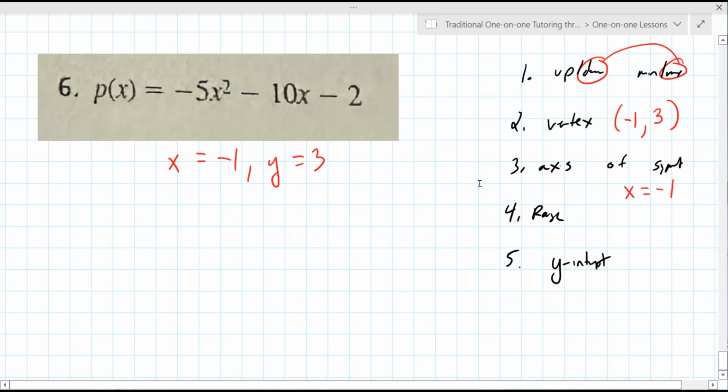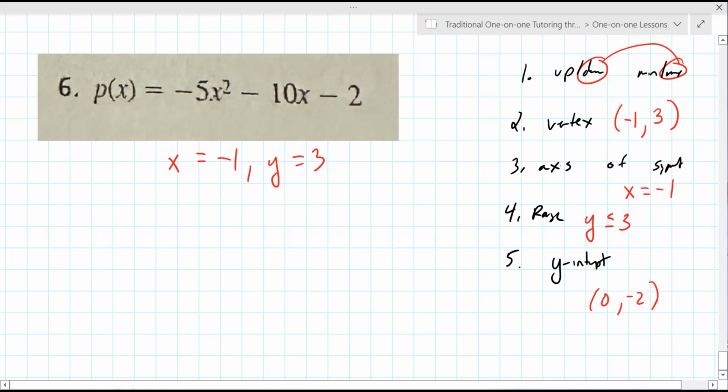It's the y value of the vertex, though. Oh, so y is less than or equal to 3. Yes. And then the y-intercept is -2. Or give me it as an ordered pair, please. 0, -2. Good.